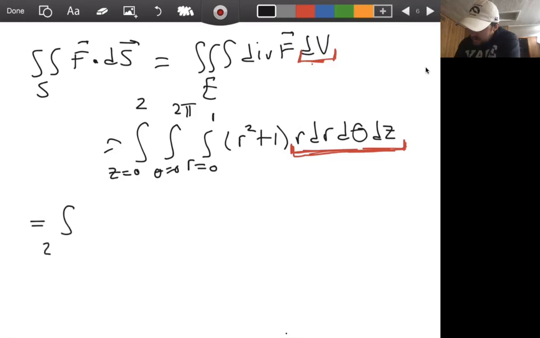Well, if we integrate from 0 to 1, I could distribute this r, and it would become r cubed plus r.